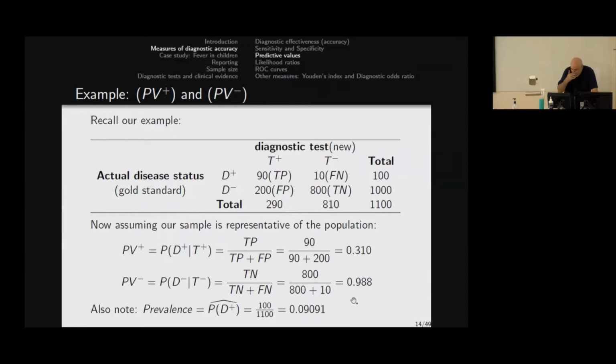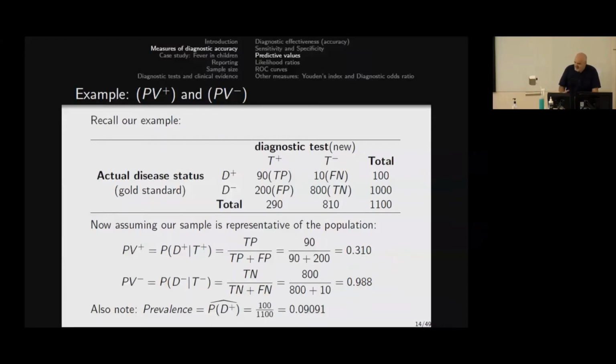But as I said to you, this is rather artificial. This looks really good simply because the prevalence is only about 9% in this population. 100 out of 1,100 people had the disease, only about 9%. And so our positive predictive value looks not that good simply because of that. Okay? All right.